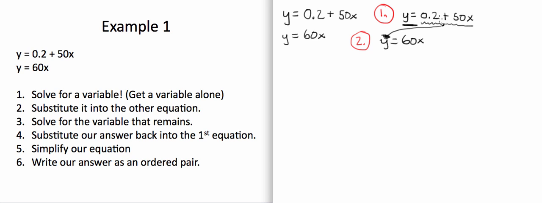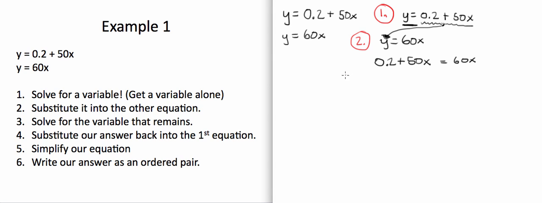This 0.2 plus 50x and this y mean the same thing. So now we have 0.2 plus 50x is equal to 60x. That is the substitution step.